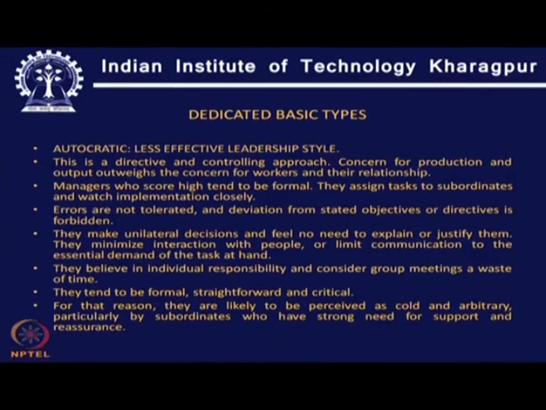Now when you are talking of the dedicated basic type, the less effective style is autocratic, where the concern for production and output outweighs the concern for people and their relationships. So such leaders make unilateral decisions.